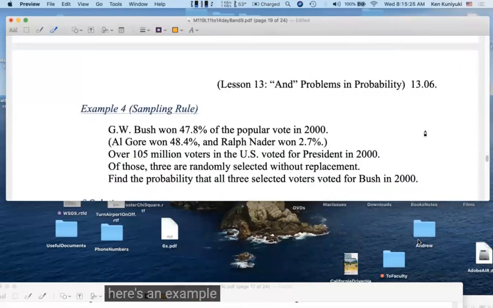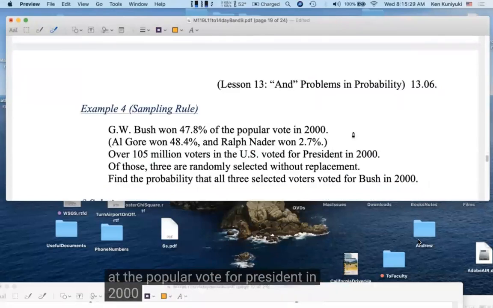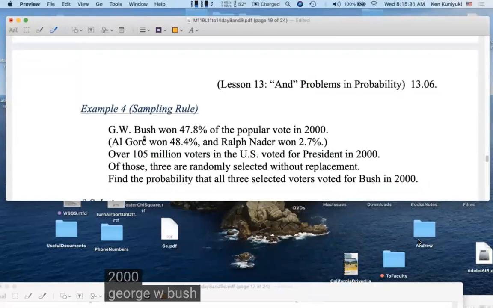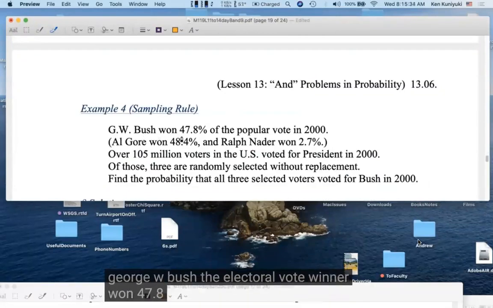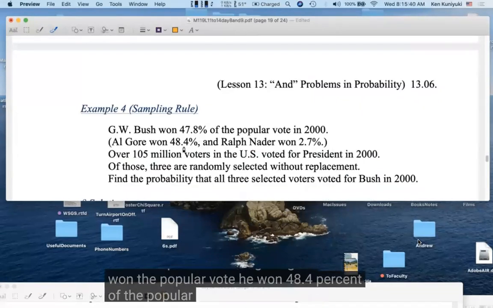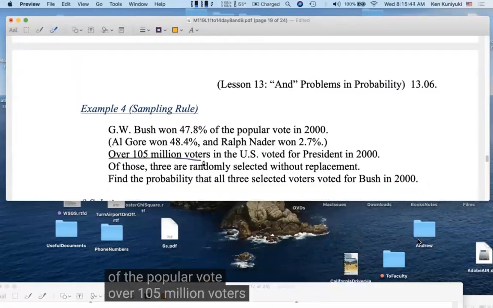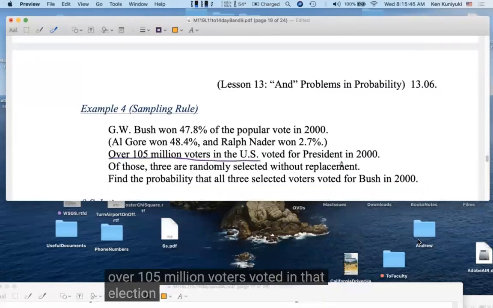Here's an example. Let's say that we look at the popular vote for president in 2000. George W. Bush, the electoral vote winner, won 47.8%, although Al Gore won the popular vote with 48.4%. Over 105 million voters voted in that election.